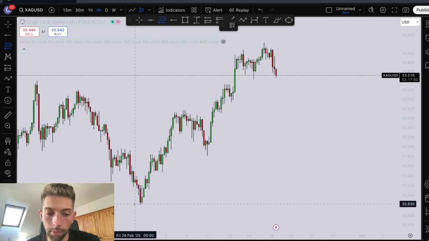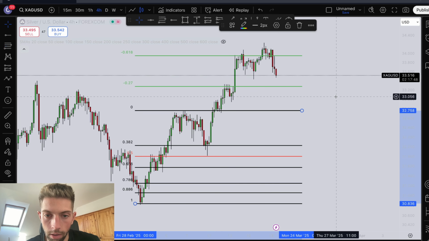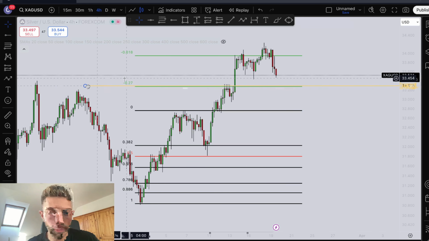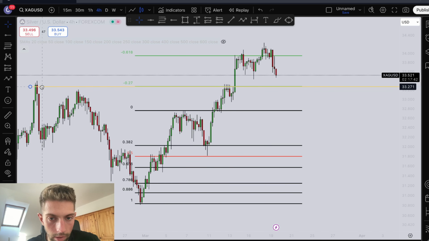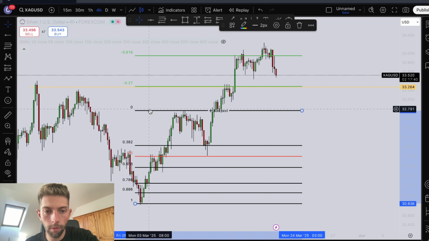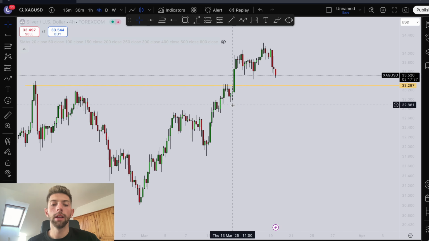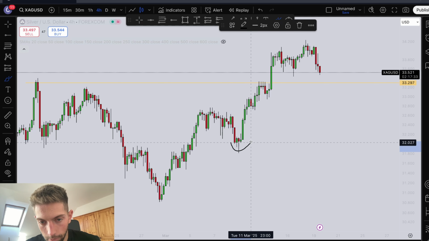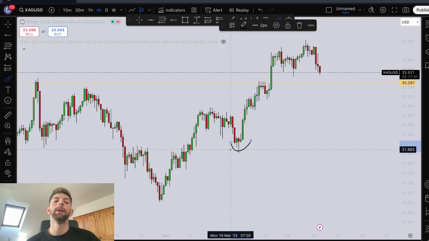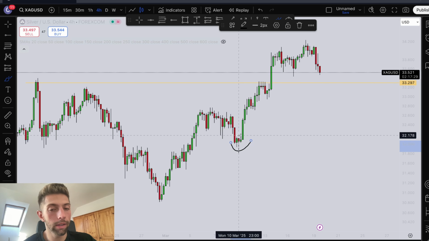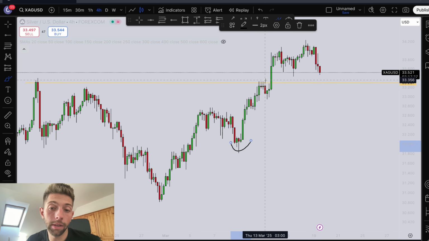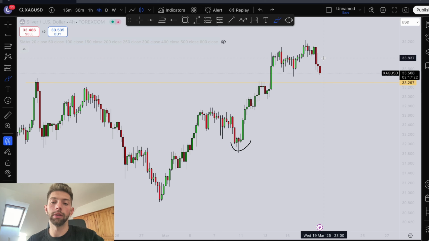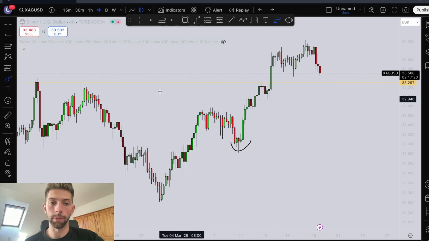My projection is the same, like this and like this. This negative 27, let's mark it as yellow, like this. And I know that after price makes this higher low point on H4, based on probabilities, price has a really high probability of making a new higher high, to the negative 27 on the H4 Fibs.